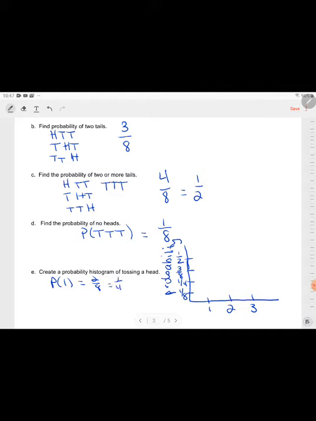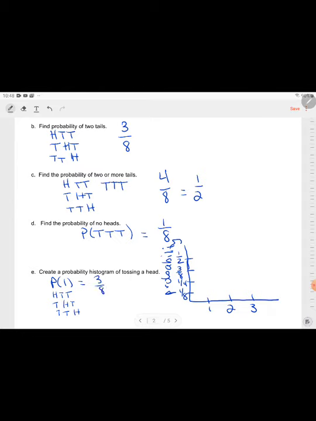And the tosses that we have, exactly 1 head is a head, tail, tail, or a tail, head, tail. Okay, oh, there's one more. Tail, tail, head. Okay, so let me change that. Okay. So that probability is going to be 3 out of 8.